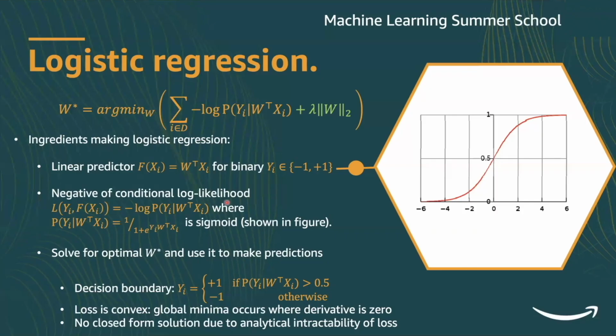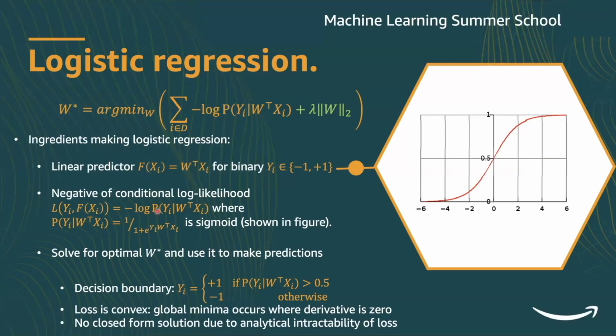So rather than taking the product of probabilities, we take the sum over the log of probabilities. It's the same thing. It's just that we're taking a logarithm. Now we take the sum over the log of probabilities over the data set. And this is what is called the conditional log likelihood.